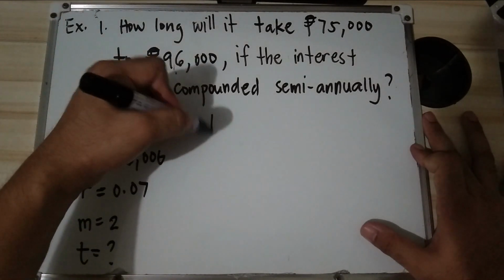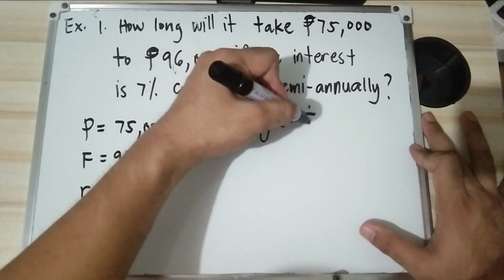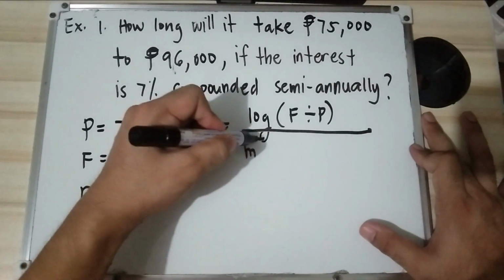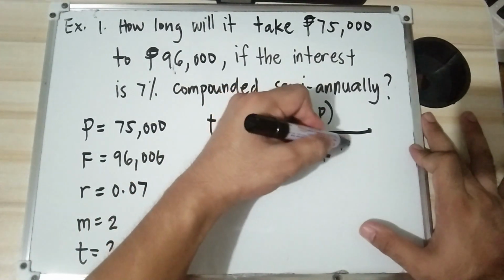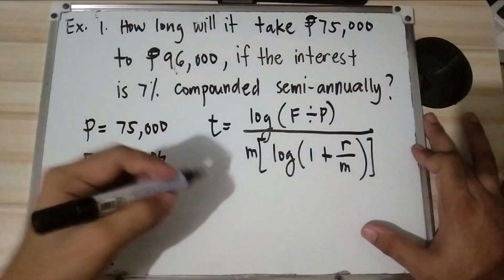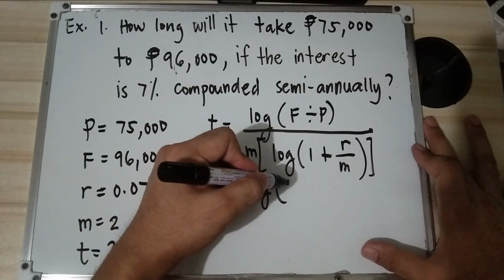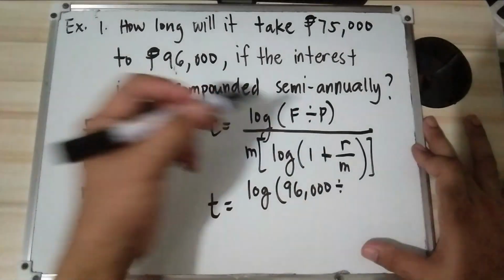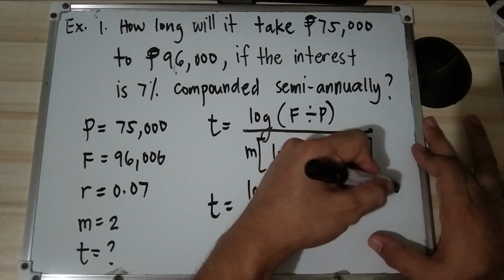Formula, T is equal to log of F divided by P all over M times log of 1 plus R over M. Okay? So, T is equal to log of 96,000 divided by 75,000, yung P natin.